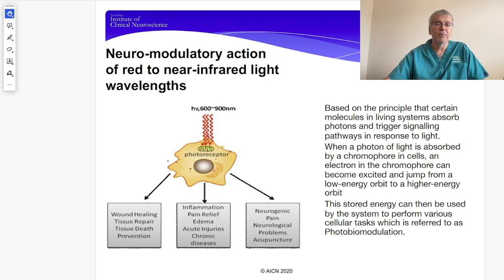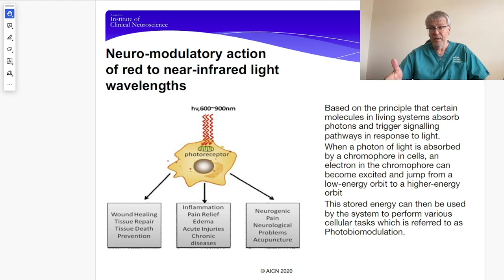So we have different categories of how light coming in from 600 to 900 or 600 to 1,000 nanometers can change, through these chromophores, photoreceptors inside the cell, the cell's activity to produce better wound healing, tissue repair, sometimes tissue death, and tissue death prevention.